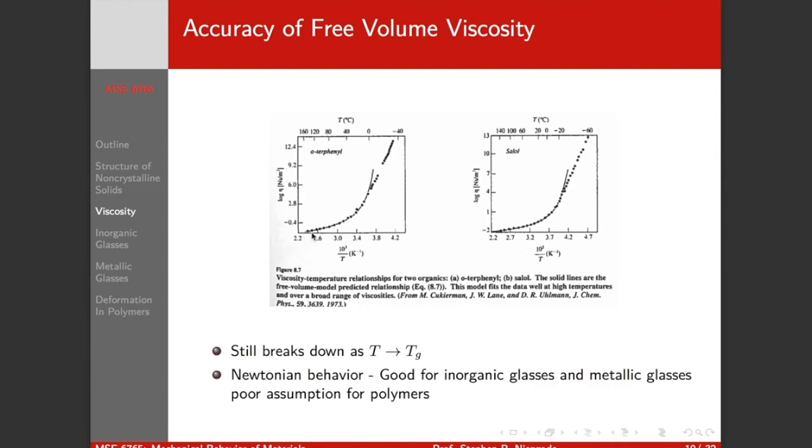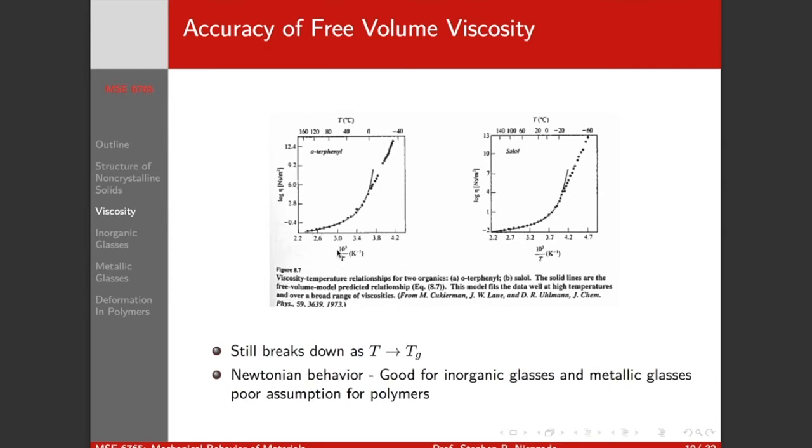And so what you can see is that for these two organic compounds, it's good when the temperature is high, but as the temperature approaches the glass transition, we still break down.